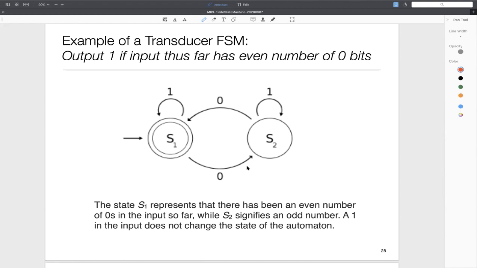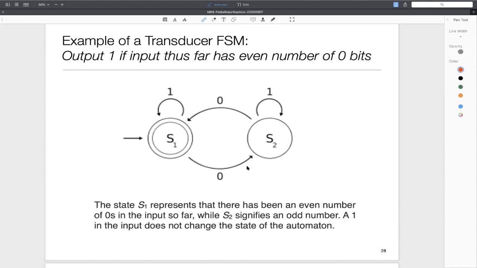So I'm getting a sequence of bits, the outside world is sending me bits, and at any given point in time I want the output to say: have we received an even number of 0 bits or an odd number of 0 bits?